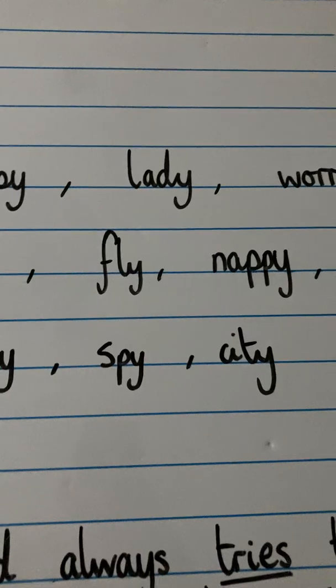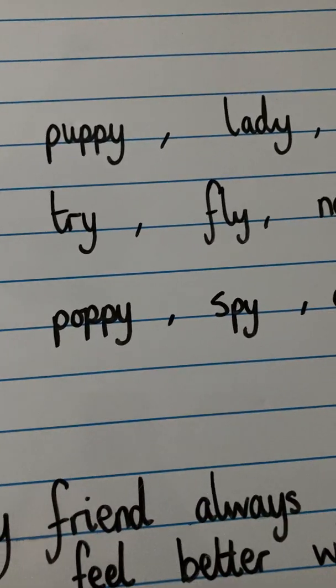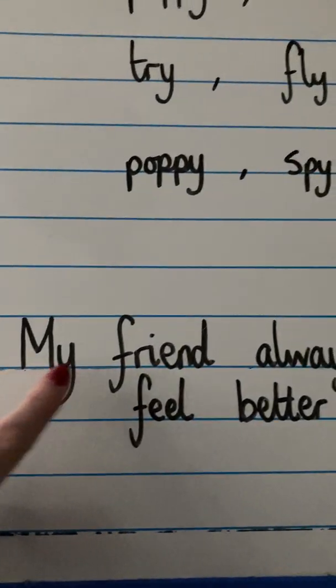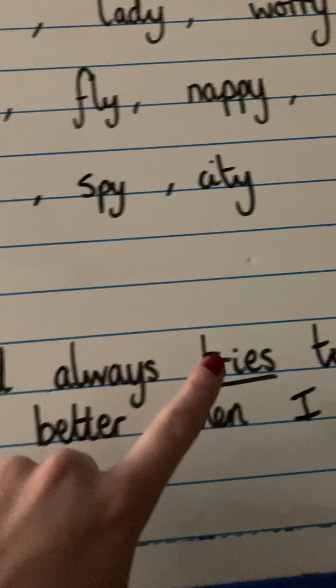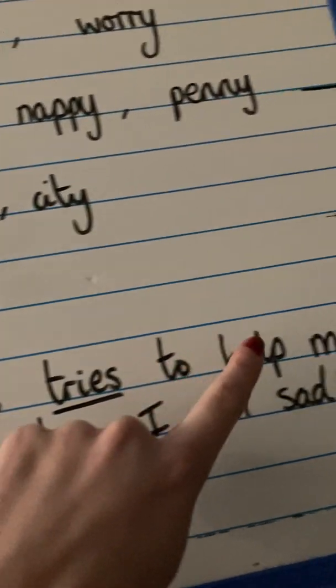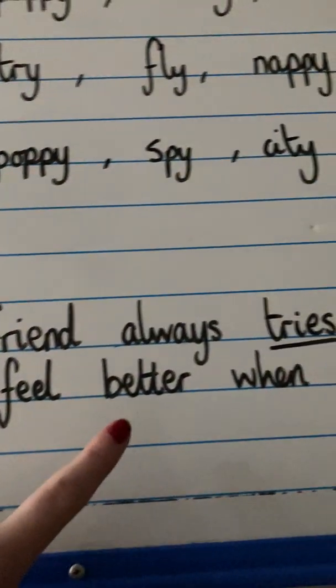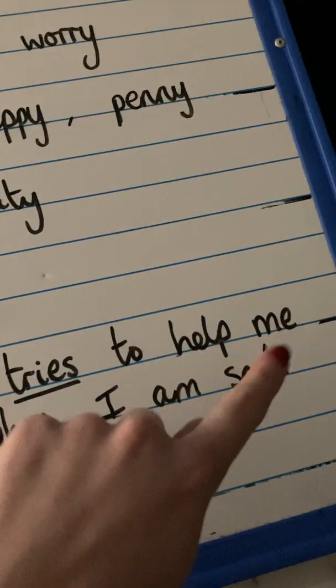And when you've practiced doing that to those words, why not have a go at writing a sentence with some of those words in? So I've written one down here and it says, my friend always tries to help me feel better when I am sad. Okay, so have lots of fun and enjoy.